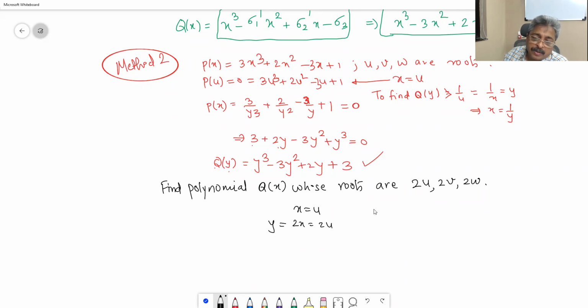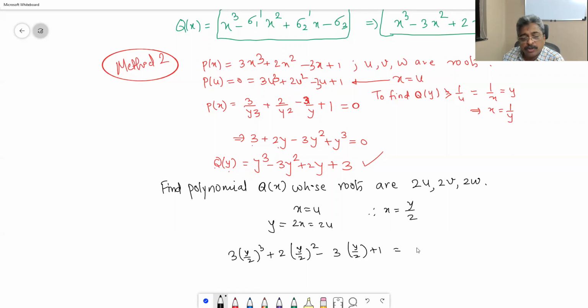Therefore, x is equal to y upon 2. And hence, substitute: 3 into y upon 2 bracket cube plus 2 into y upon 2 bracket square minus 3 into y upon 2 plus 1 is going to be equal to q of y.